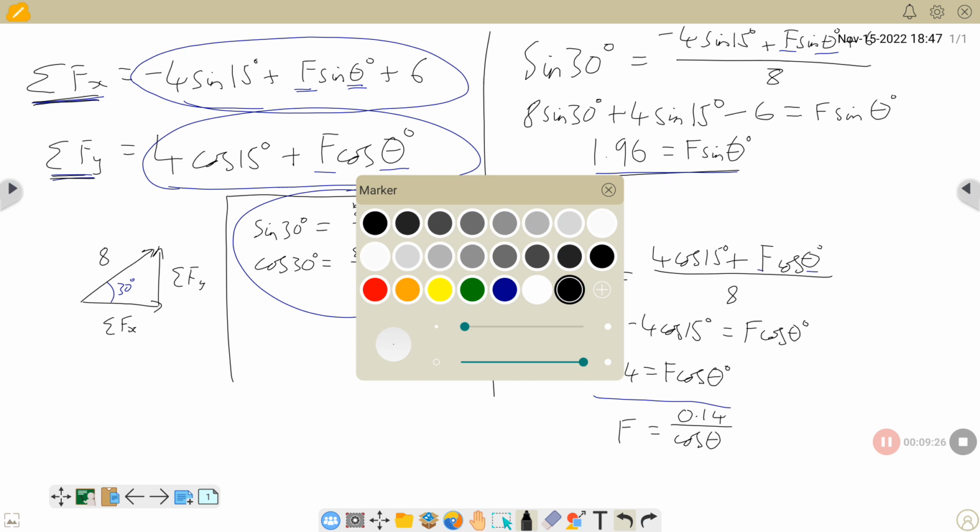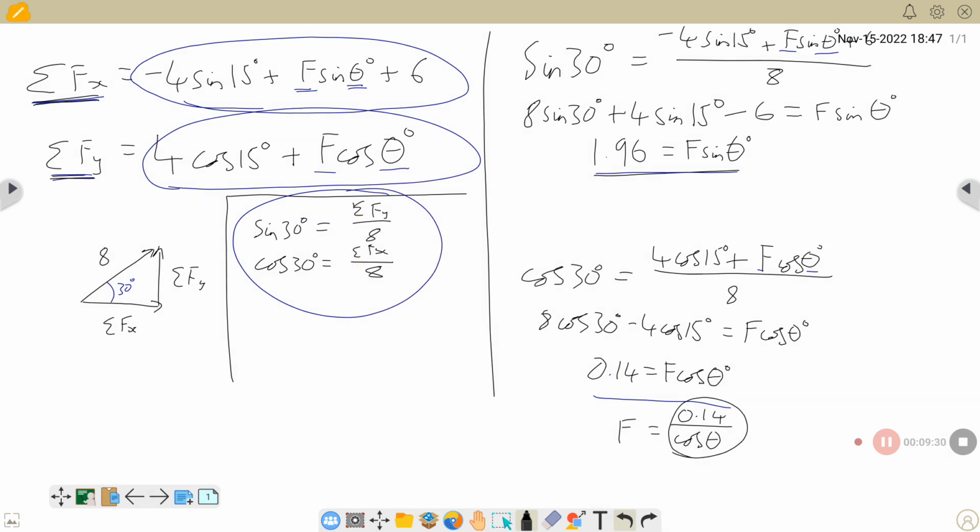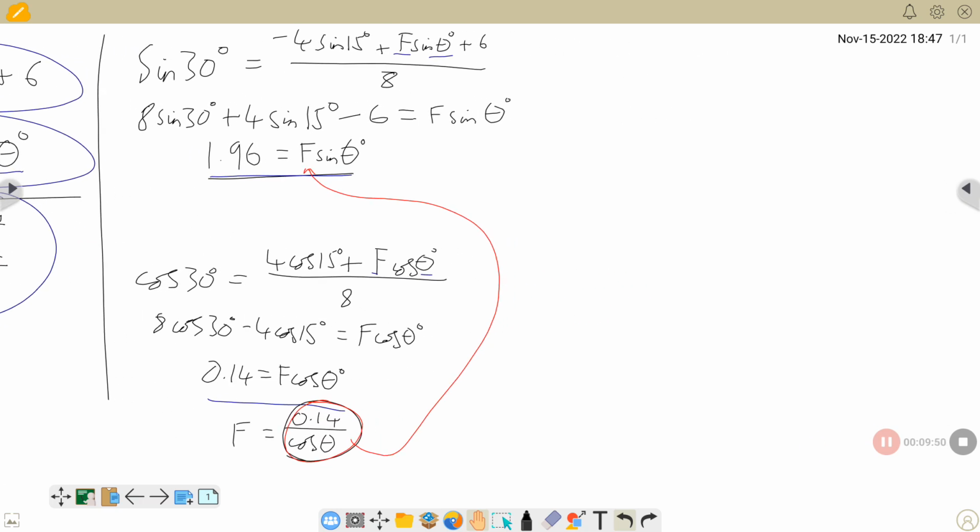So this 0.14 over cos of theta, we can substitute that in for f up here. We can say then that 1.96 is equal to 0.14 over cos of theta, sine theta.